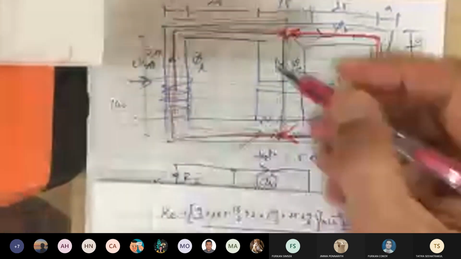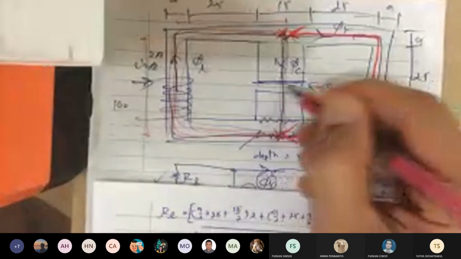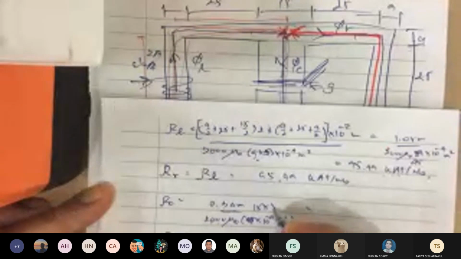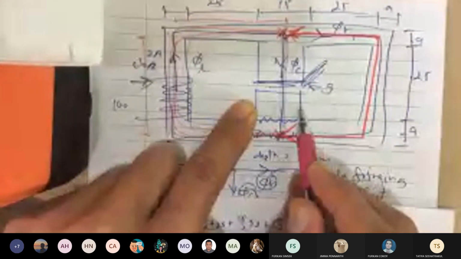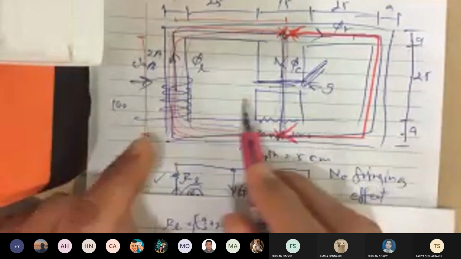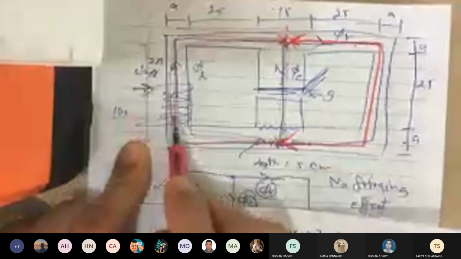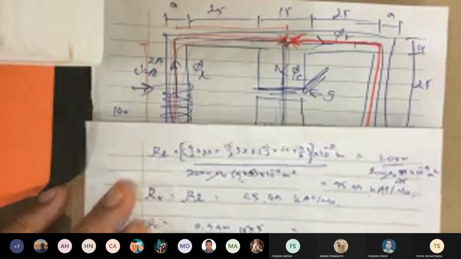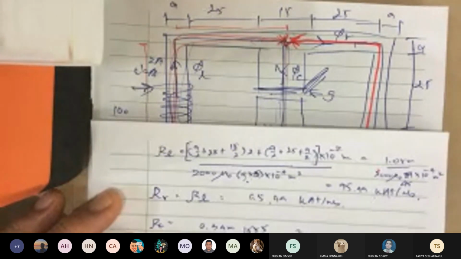The cross-sectional area is this depth, so it has to be 15 times 5. This is 9, this is 15, so it has to be 15, the width and the depth, and then 10 to the 4th. And I've got to get a calculator.